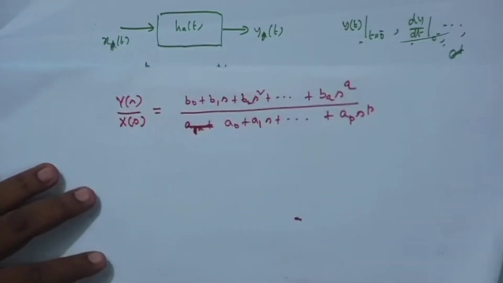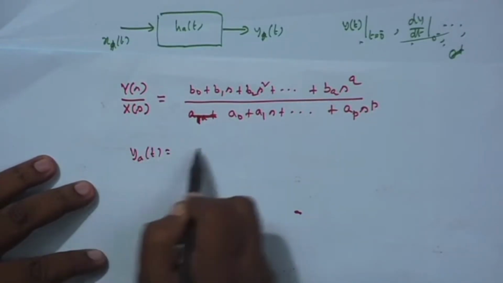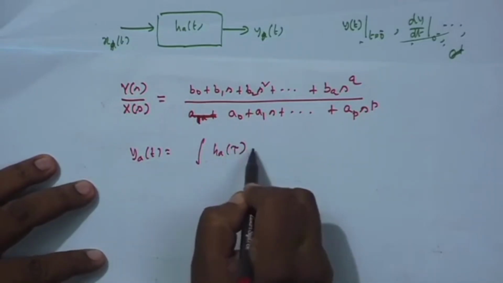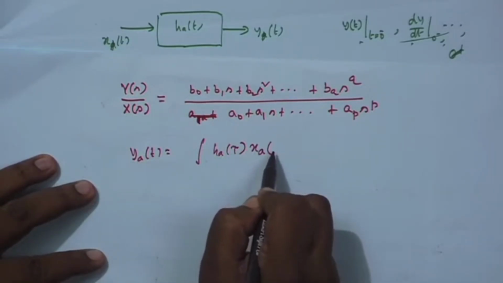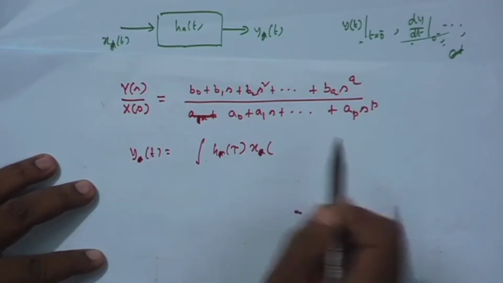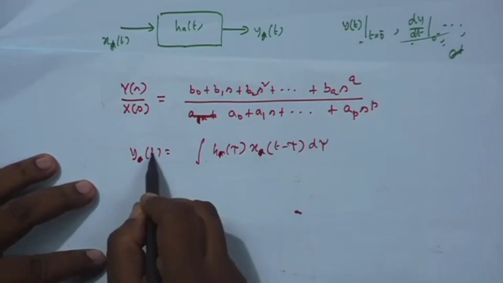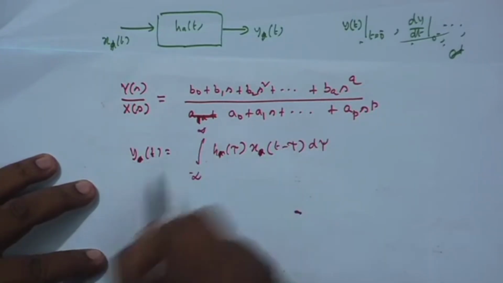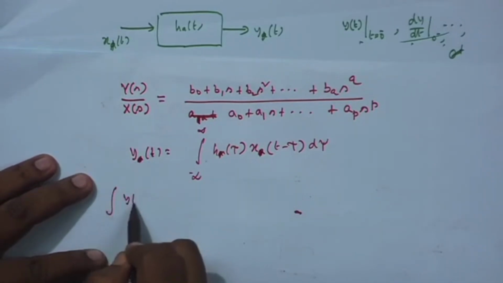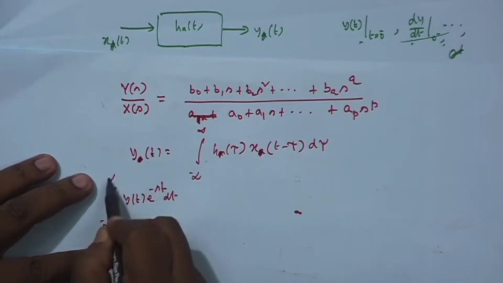We have seen one thing, that under the linear time invariant condition, y(t) is a linear convolution between h and x: integral of h(tau) x(t minus tau) d tau. I am dropping the subscript a, all are analog. Tau is from outside, fixed from outside. So, if you take the Laplace transform of y, it will be the integral of y(t) e to the power minus s t dt from minus infinity to infinity.